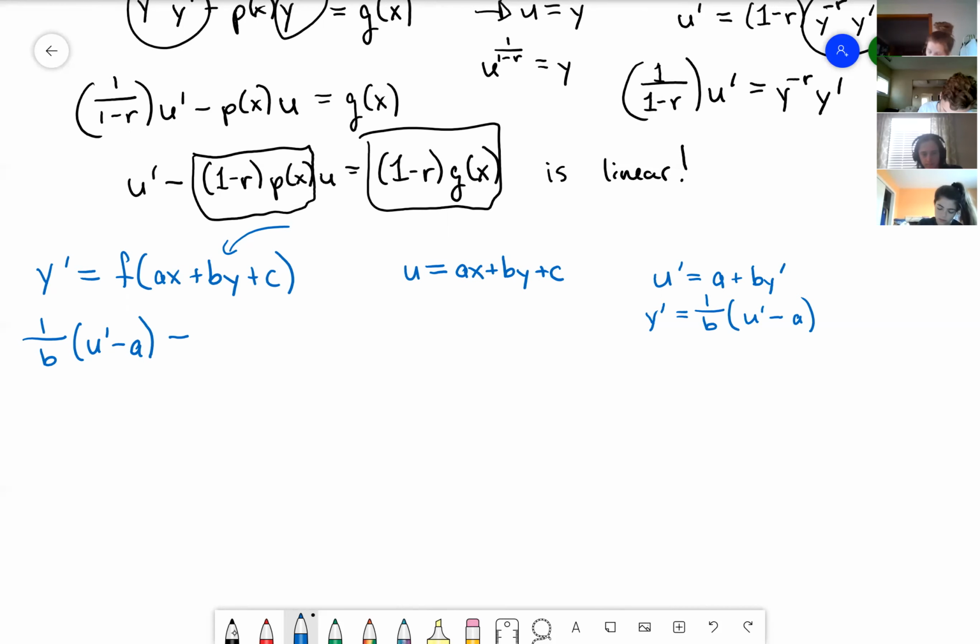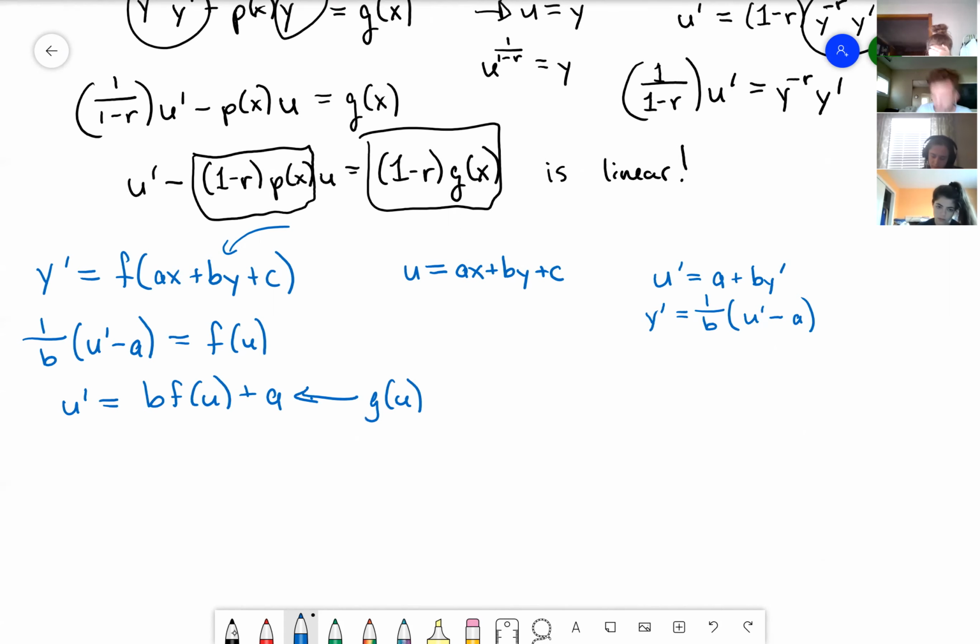And for the right-hand side, we just get f of u. And of course, this is separable because what we get is u prime on the left-hand side after moving everything else over to the other side, b times f of u plus a. And so this is a function entirely of u.